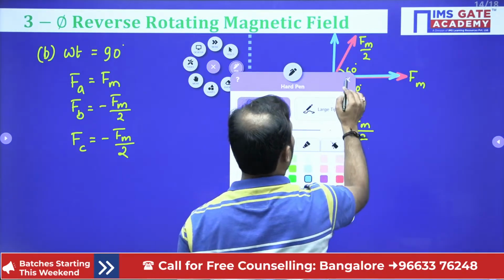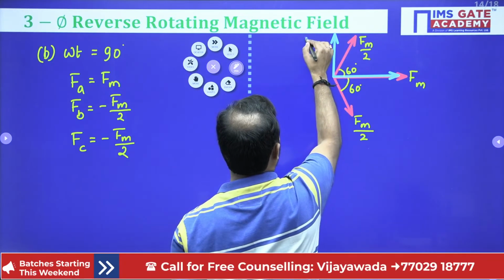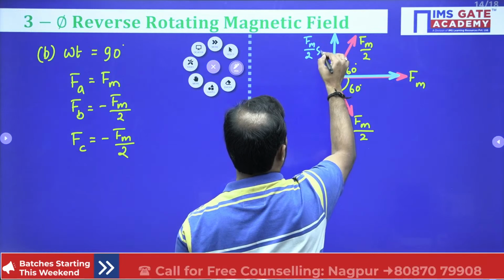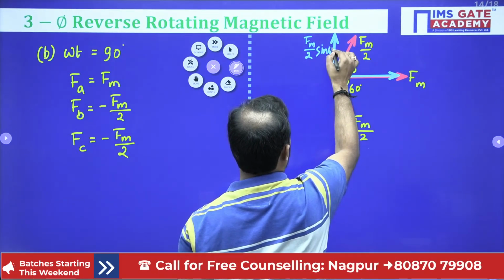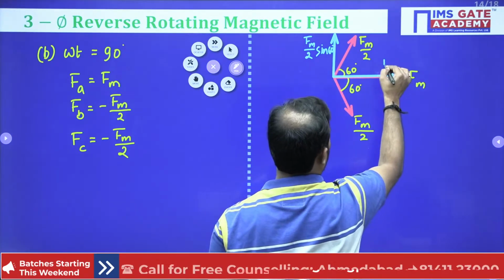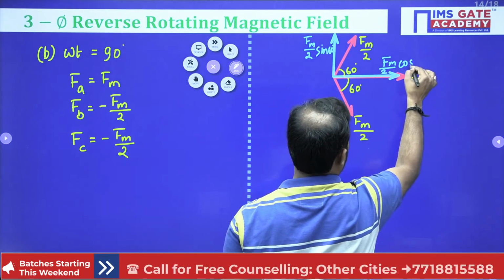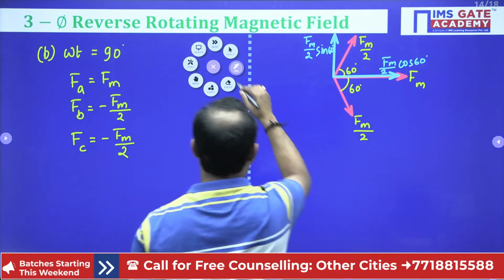And what will be the values? This will be Fm by 2 sine 60 and here Fm by 2 cos 60. And let us resolve this one.